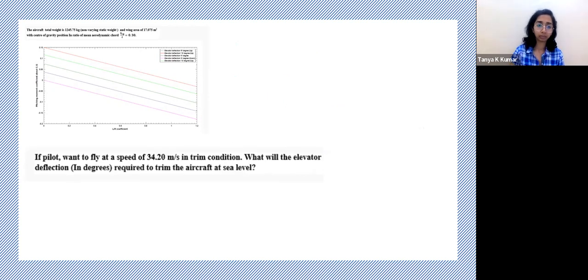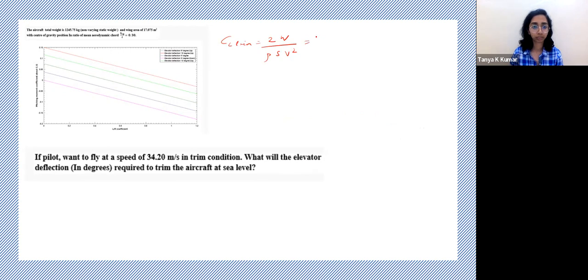Now, next question. Similar to the previous case, if you want to fly at a speed of 34.2 in trim condition, how much would you have to deflect the elevator? Follow the same process to first find out CL trim and then we'll go for the elevator deflection. So CL trim again, 2W by rho S V square.